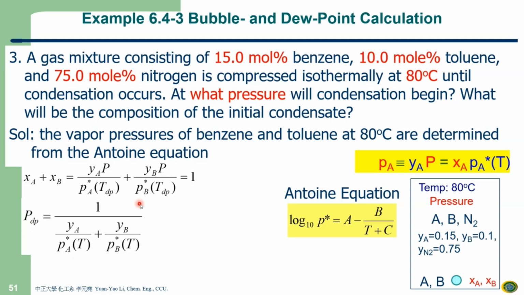So you get the total pressure. So you know the dew point pressure by this simple calculation, once you find out the vapor pressure of A and vapor pressure of B, vapor pressure of benzene, vapor pressure of toluene.